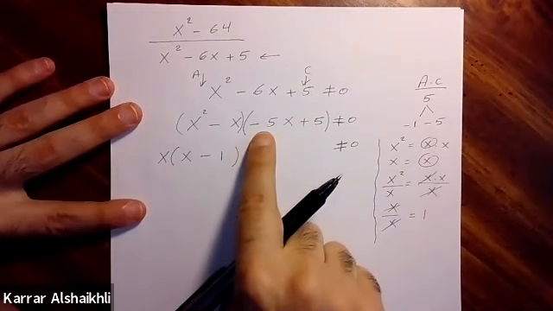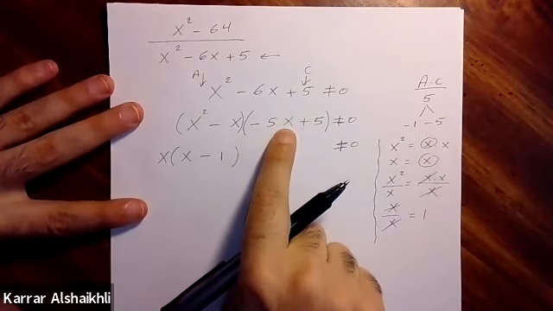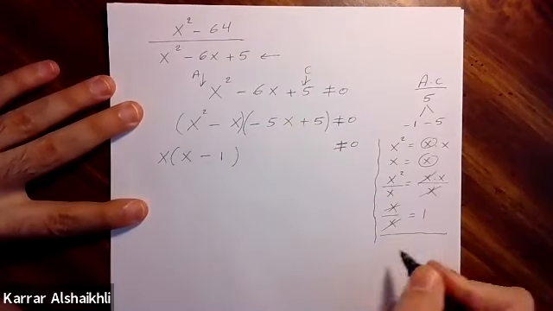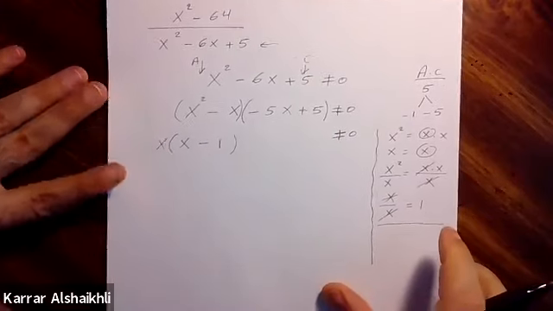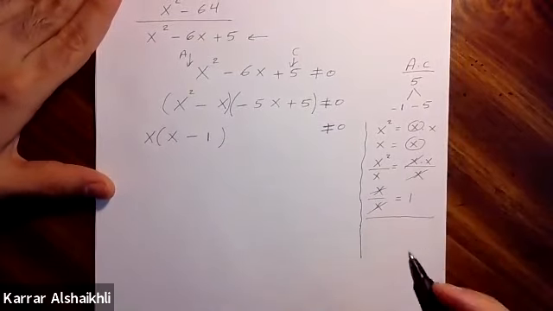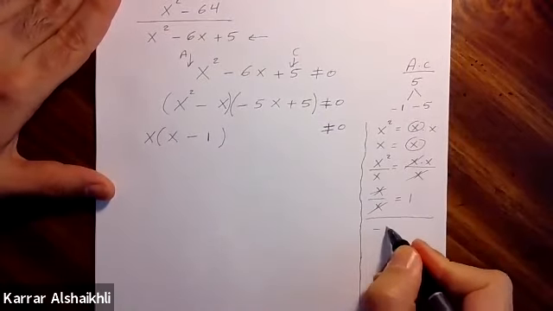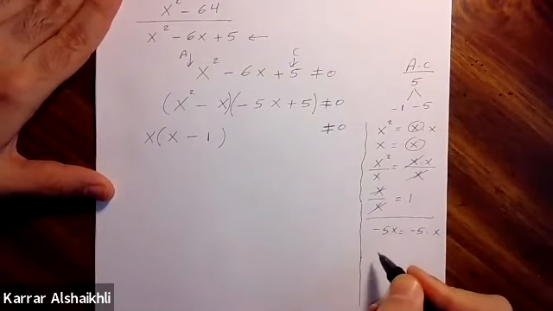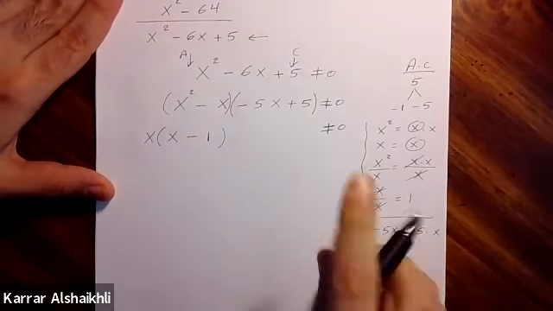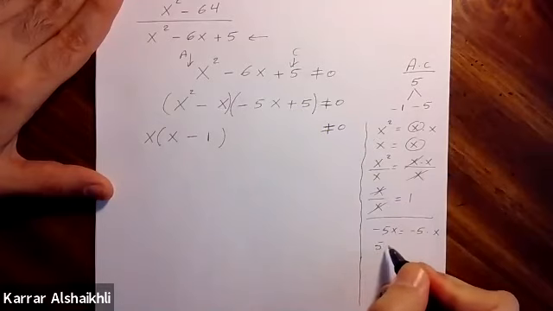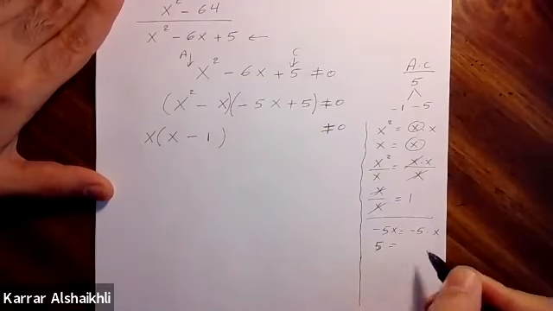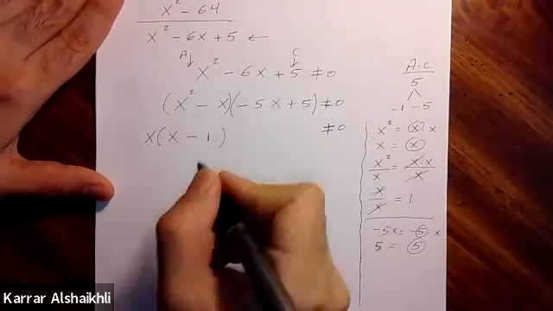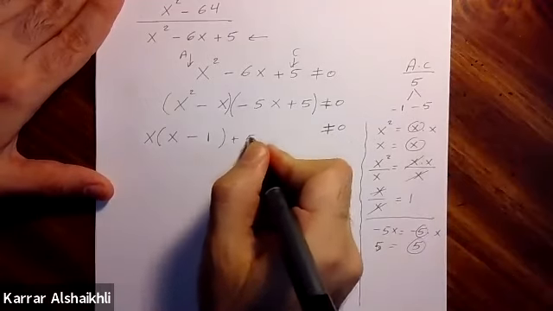Now check here. What's the common between -5x and 5? So I'm going to find the common here. You see, this is a review of what we did yesterday. -5x, which is -5 times x, and 5. So the common is just 5. That means it's going to be plus 5.